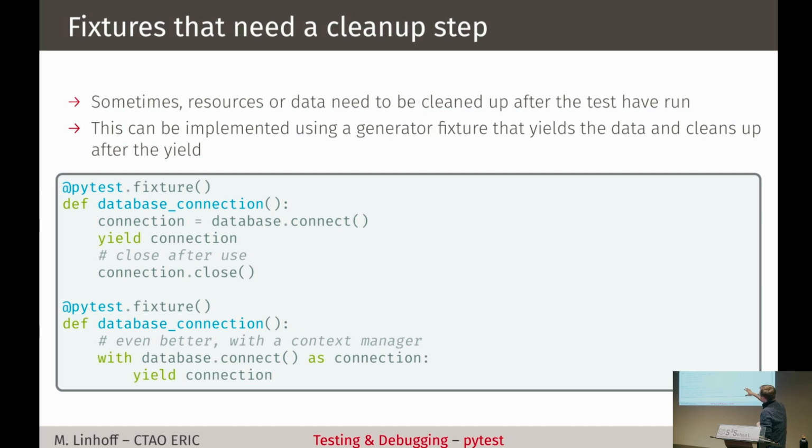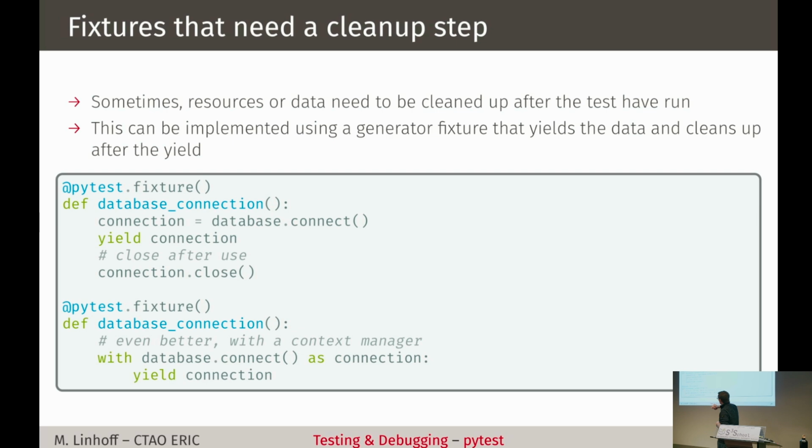Then you yield the object that should be used. Then the test runs, and after the test is finished, the execution continues after the yield, so the cleanup code is called. And I have the explicit version at the top, so you open a database connection, you give it to your test as a fixture. After the test is done, we close the database connection again.